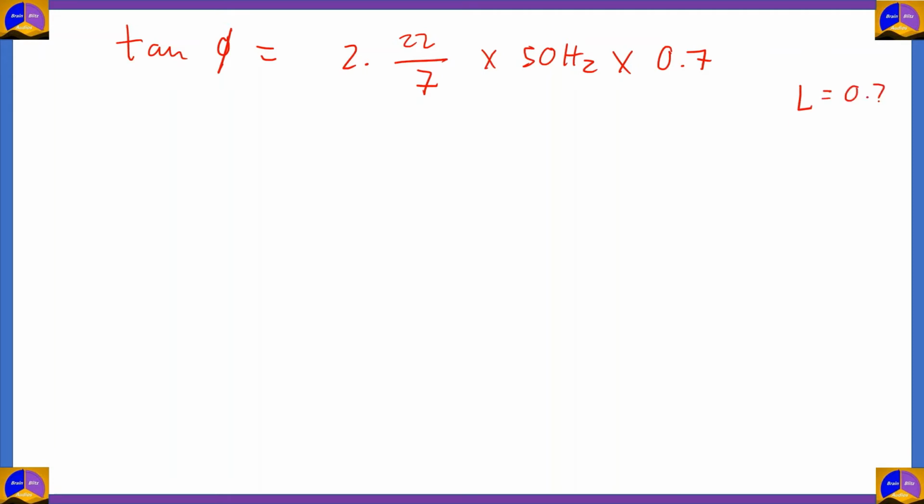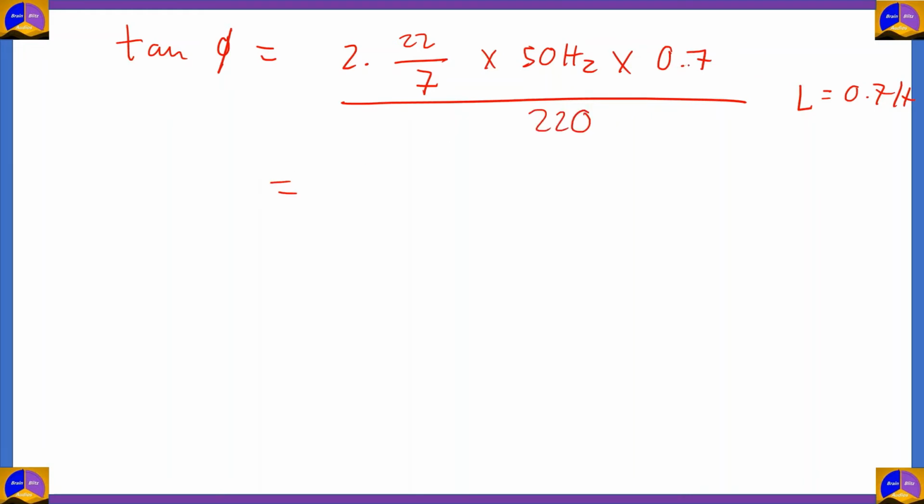Now let's move on to solving this question. So tan phi is equal to 2 times pi, let's take it as 22 by 7 for the sake of calculation, times nu, the frequency, which is 50 hertz, times 0.7, the inductance, because L was given as 0.7 Henry, divided by the resistance, which is 220 ohms.